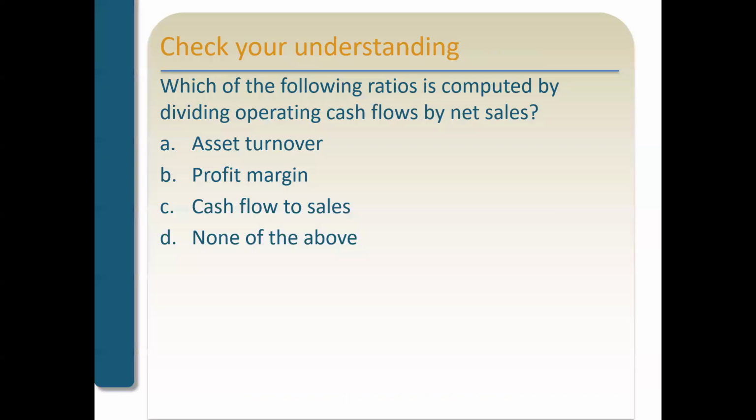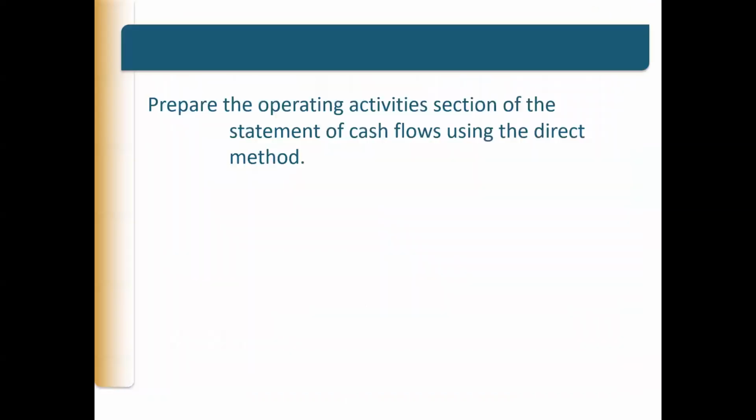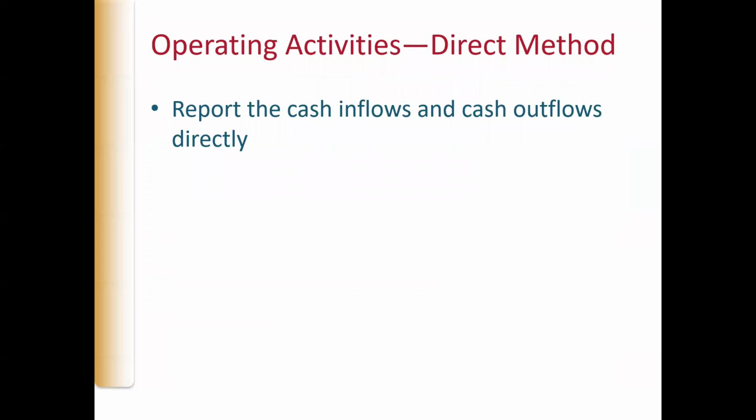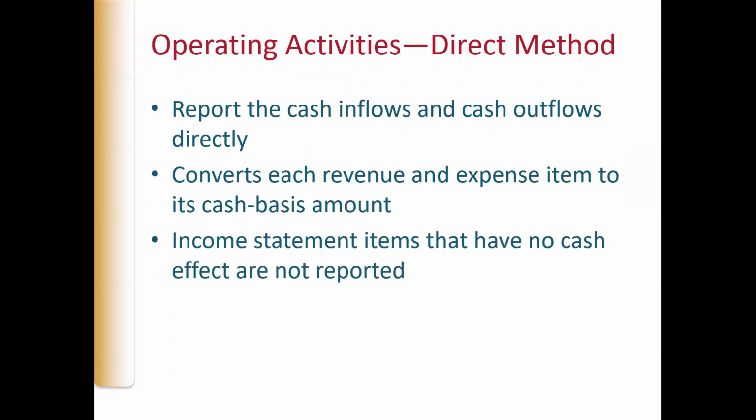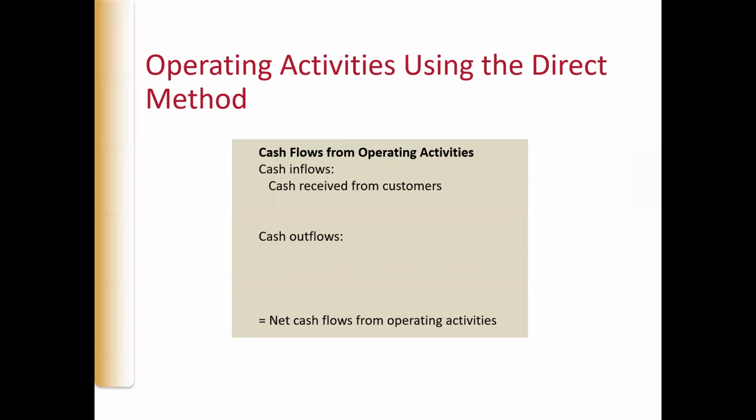And using the direct method, which we did back in a previous chapter, we basically report the inflows and outflows directly. We show the revenue and expense items to its cash basis amount.